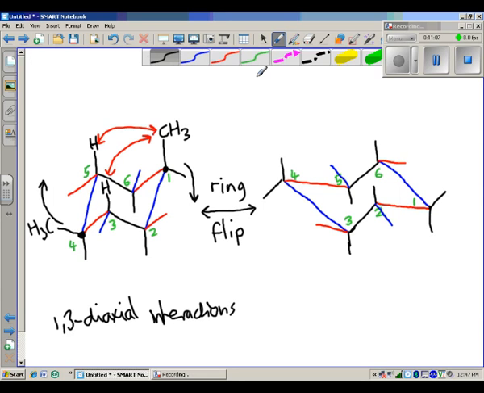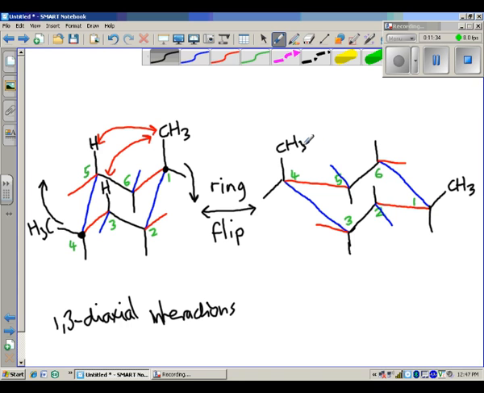So what we need to figure out is, where are our two methyl groups? Well, they're on carbons 1 and 4, and they haven't moved. Initially, the methyl on carbon 1 was up and axial, so it's still going to be up, but now it's up and equatorial. Remember what we said before about equatorial groups? They don't interact with anything else because they're in their own direction away from the ring. Groups that were equatorial become axial, so this is equatorial up, this is now axial up.